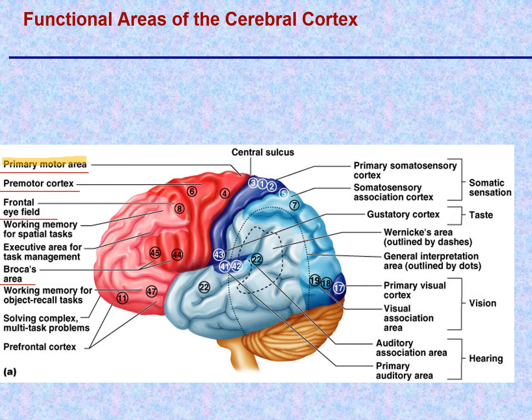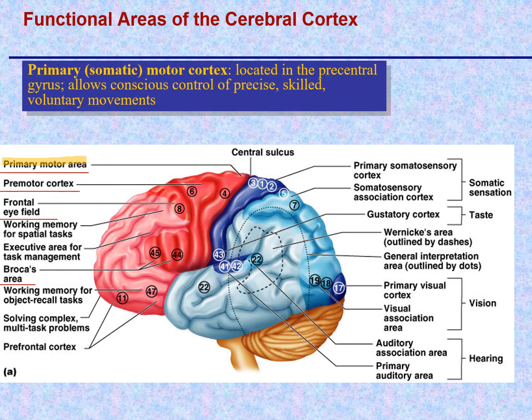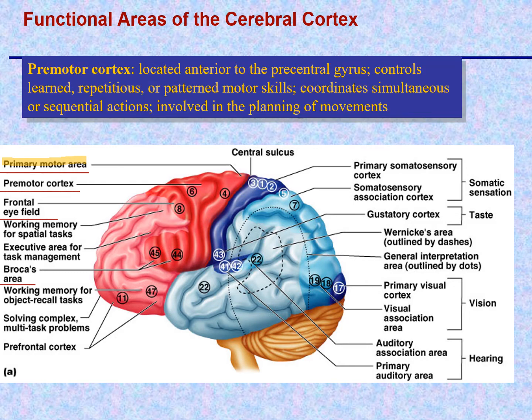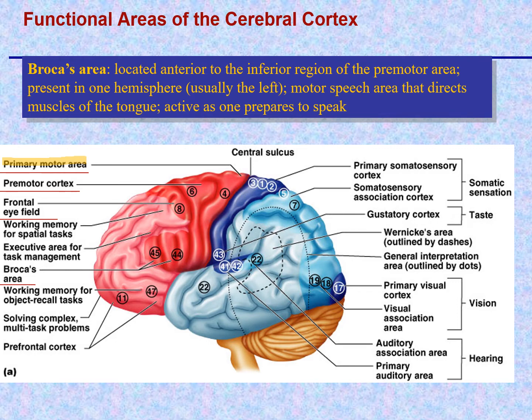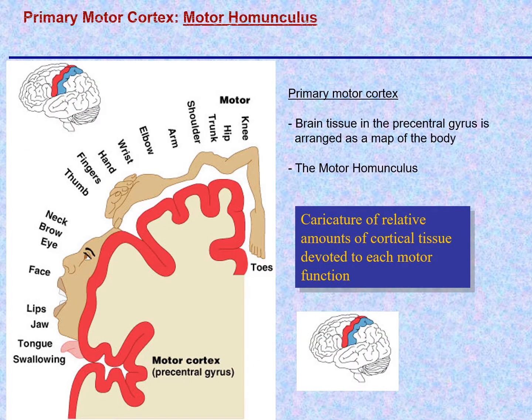And these four that are underlined are the key motor areas. And again, this is a repeat of what you had on the previous slide, where it is, what it's involved in, which I went through. And then the premotor cortex and Broca's area and the frontal eye field. Not unimportant areas, but I think it's enough to know about the primary motor area. Okay, so those were motor areas.